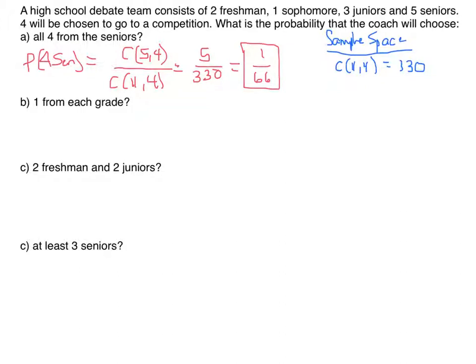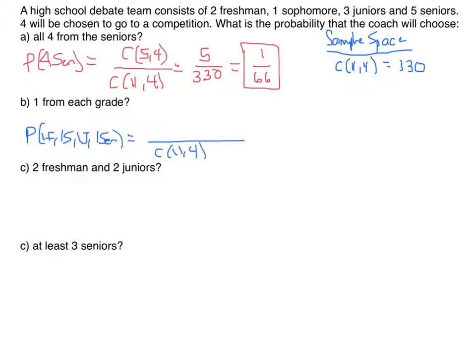Now, the next question says 1 from each grade, which means that we're looking for 1 freshman, 1 sophomore, 1 junior, and 1 senior. So now this changes the nature of what our numerator is going to look like. Our denominator obviously is the same, right? Our denominator is the combination of 11 choose 4.